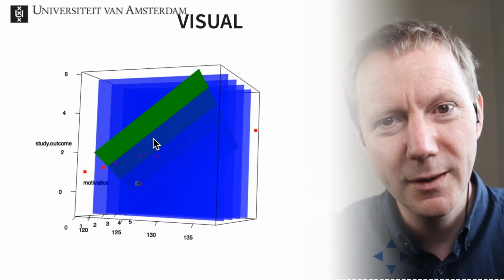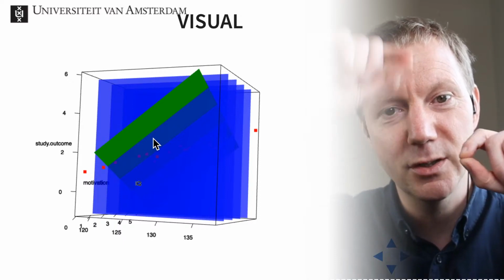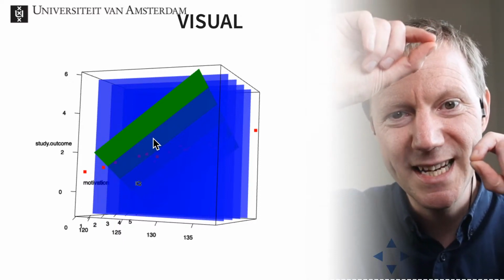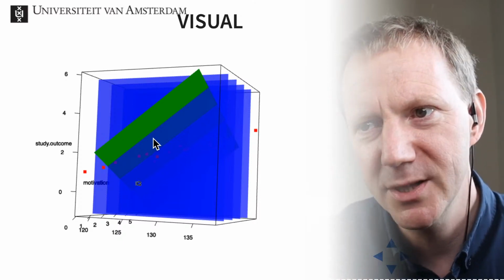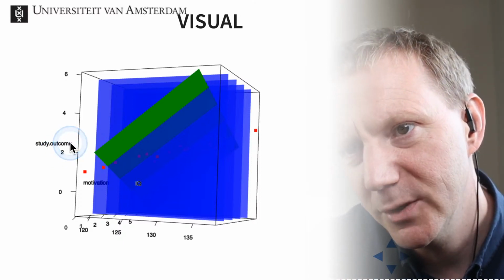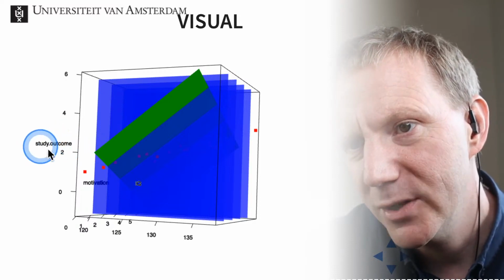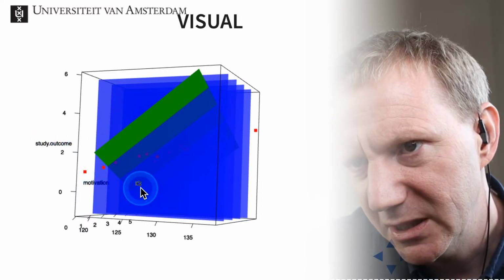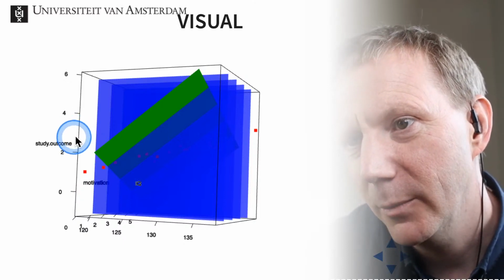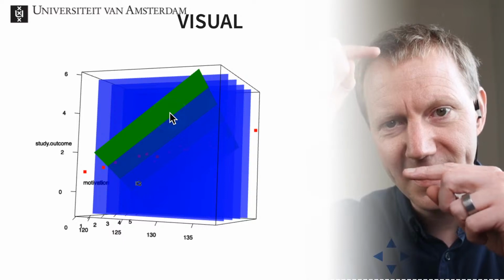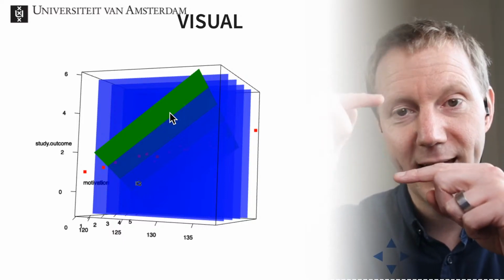We want to know what part of the variance of the individual scores is explained by the model. So if we want to know the explained part, we would have to look at the difference indeed of the average of study outcome, which is maybe somewhere here, and the green plane. So that distance is the explained part.